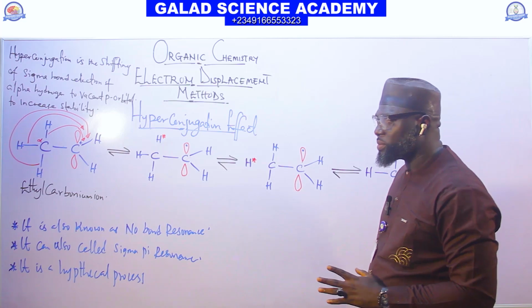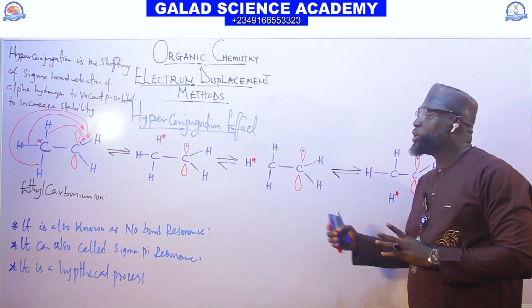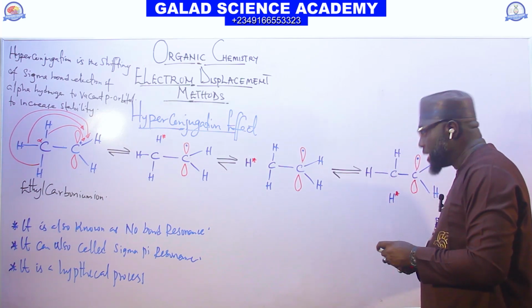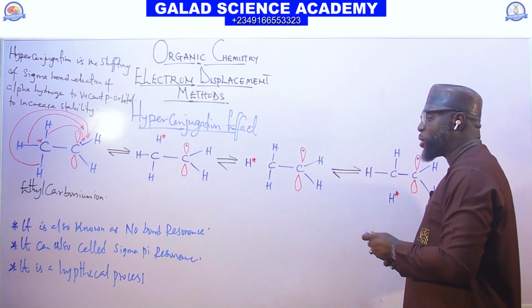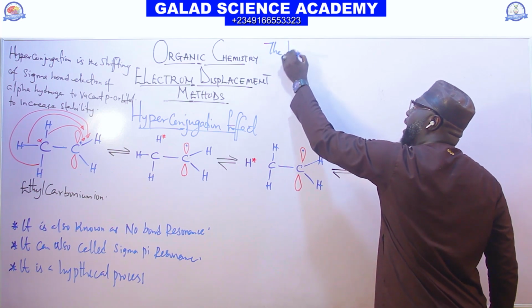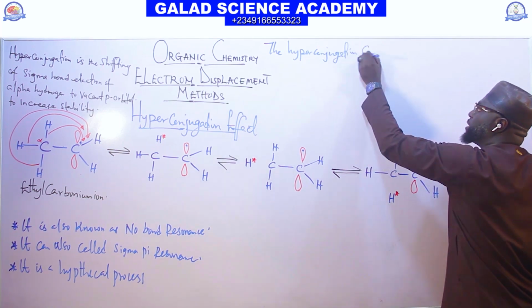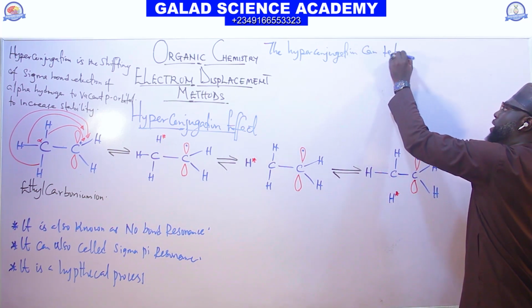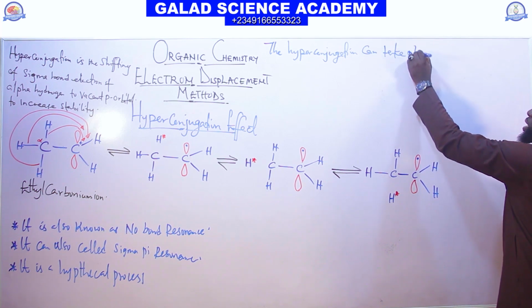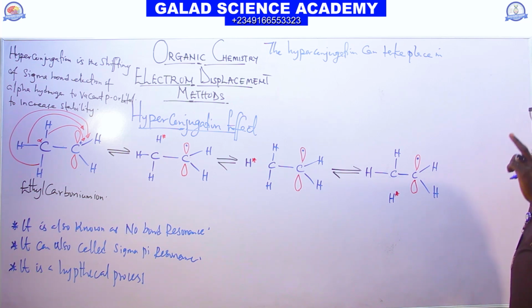can occur in three places. The hyperconjugation can take place in three places, or three kinds of compound.